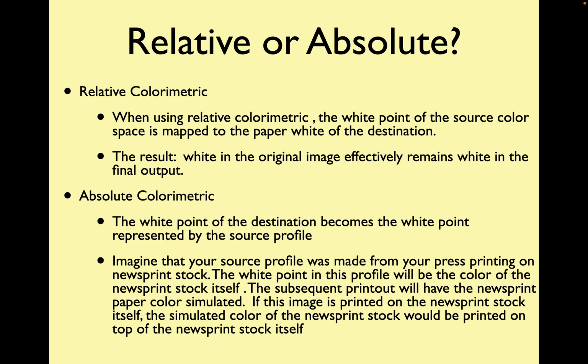If you use absolute, it will actually print the piece of paper to be that same yellow dingy color, and then put the yellow dingy color on top of the yellow dingy paper that you created. So you get hit twice.